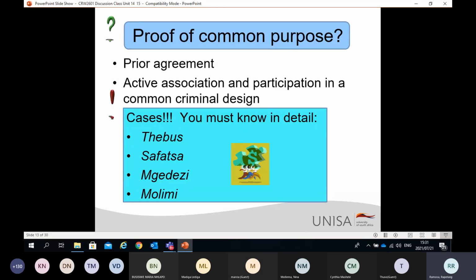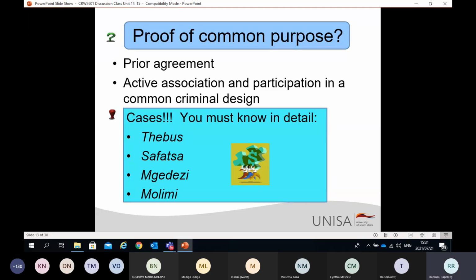Now, the interesting part here is that it was argued on behalf of the accused that the prosecution did not prove beyond reasonable doubt that there was a causal connection between the individual accused's conduct and the result that happened, to which the court responded by saying that that would not be necessary if one applies the doctrine of common purpose.